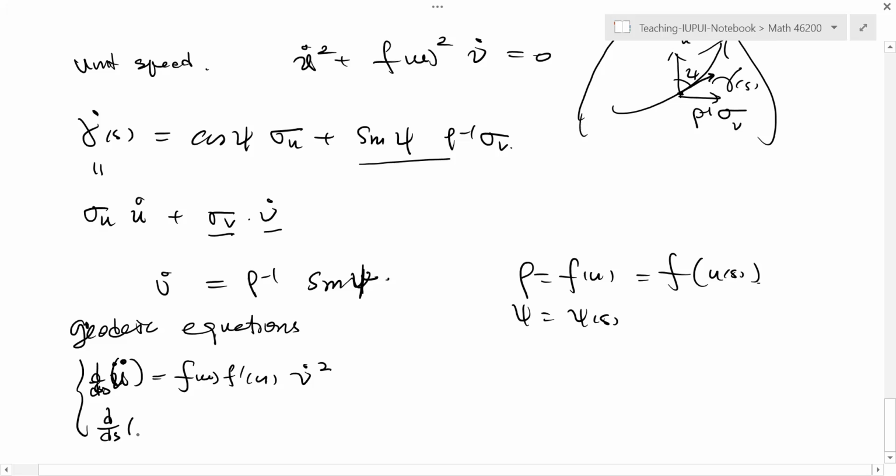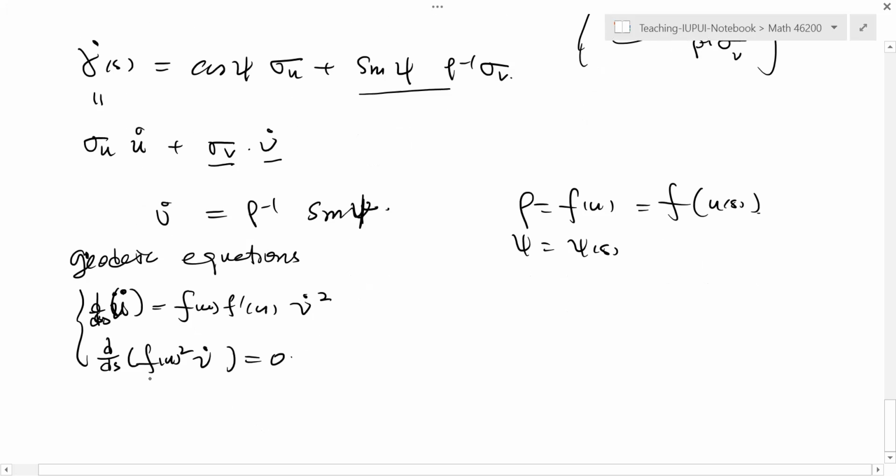If you use one dot, then f of u squared v dot is going to be constant. So I'm interested in this case.